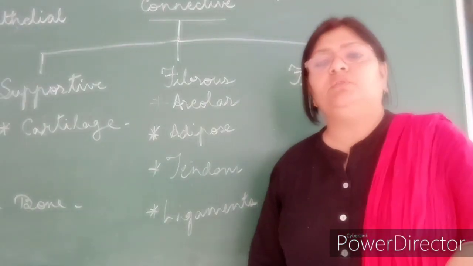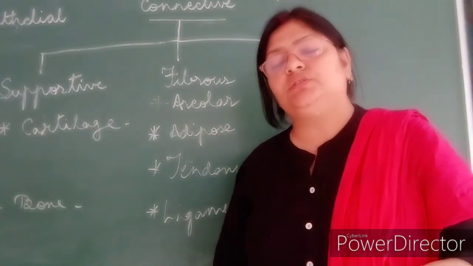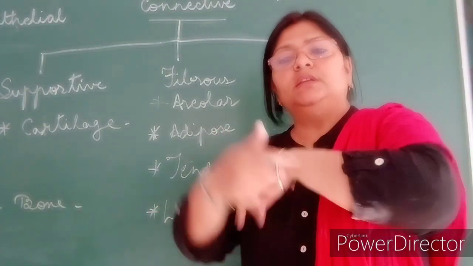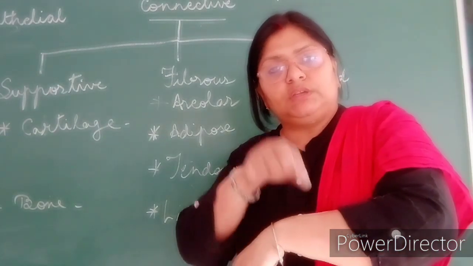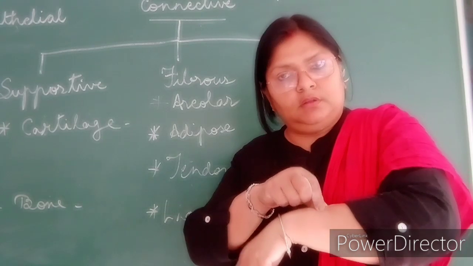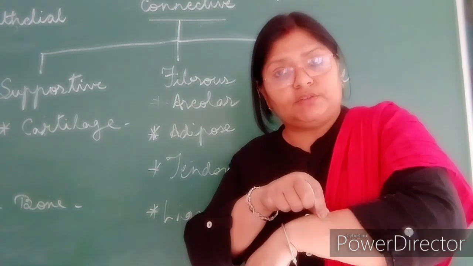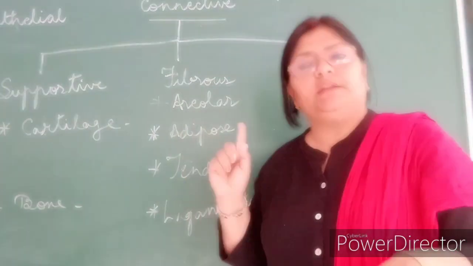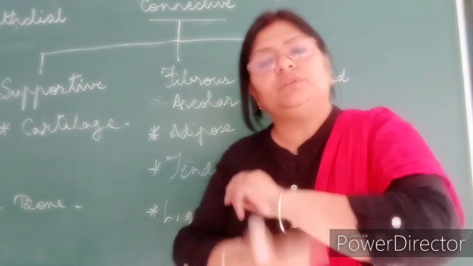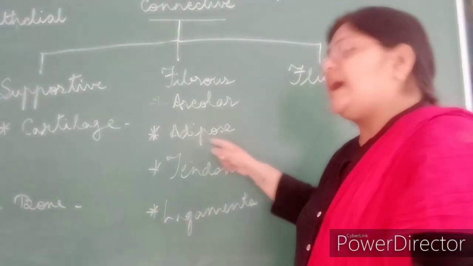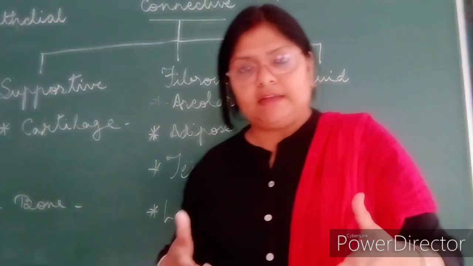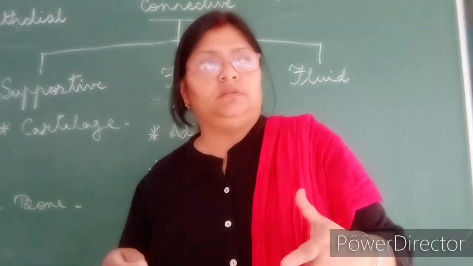Now areolar, what is the function of areolar? Areolar tissue binds the skin to the underlying tissues. If you try to pull your skin, you will find it is stuck to something, it is attached to something. It is because of the areolar tissue that it is attached to the tissue beneath the skin.